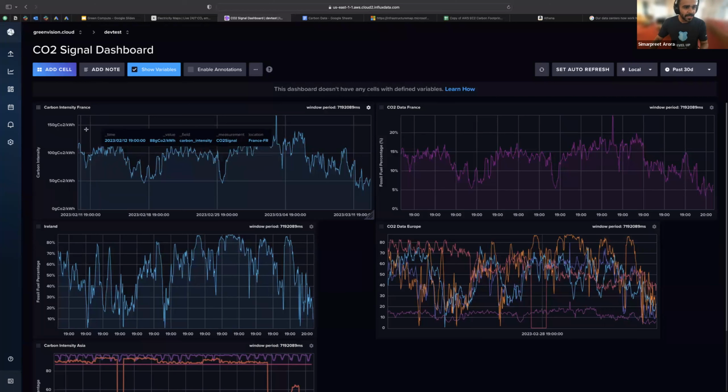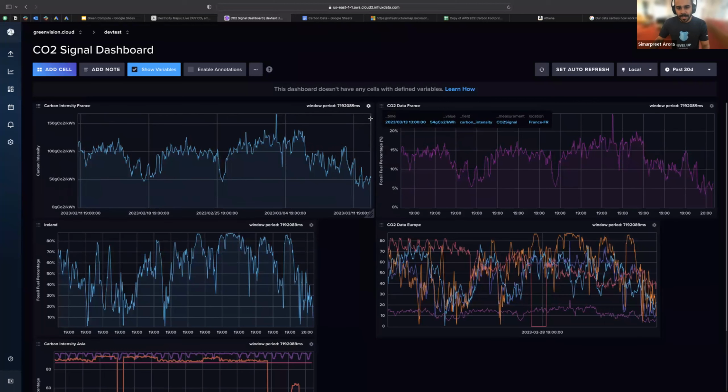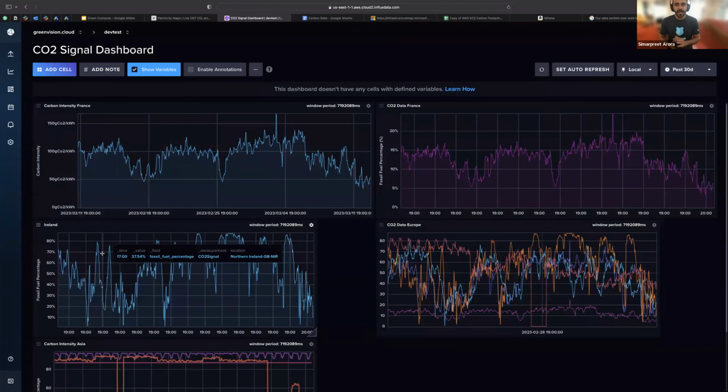At the top, we can see the carbon intensity for France over the last 30 days, how much the intensity has been varying with the time of day, and what fossil fuel percentage has been used. For a region like Ireland, the pattern visible is that the fossil fuel percentage can go very low and very high depending on the time of day.